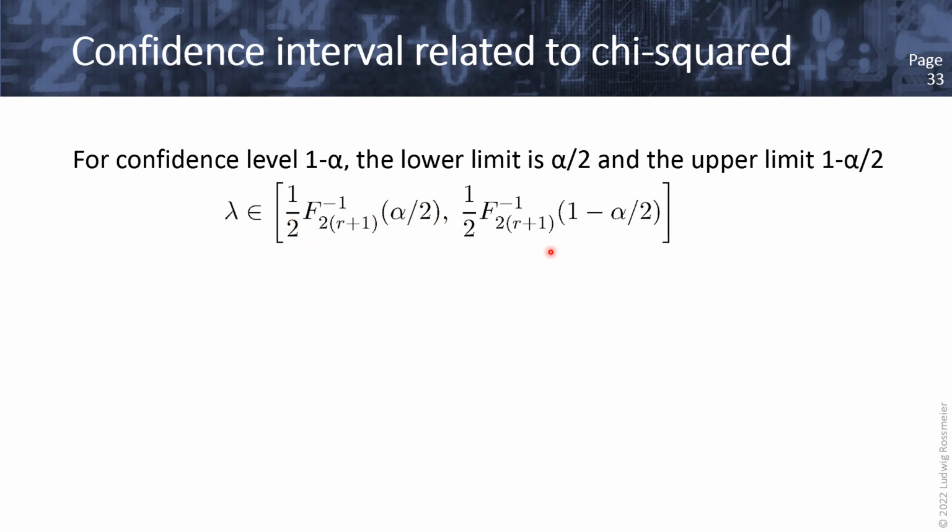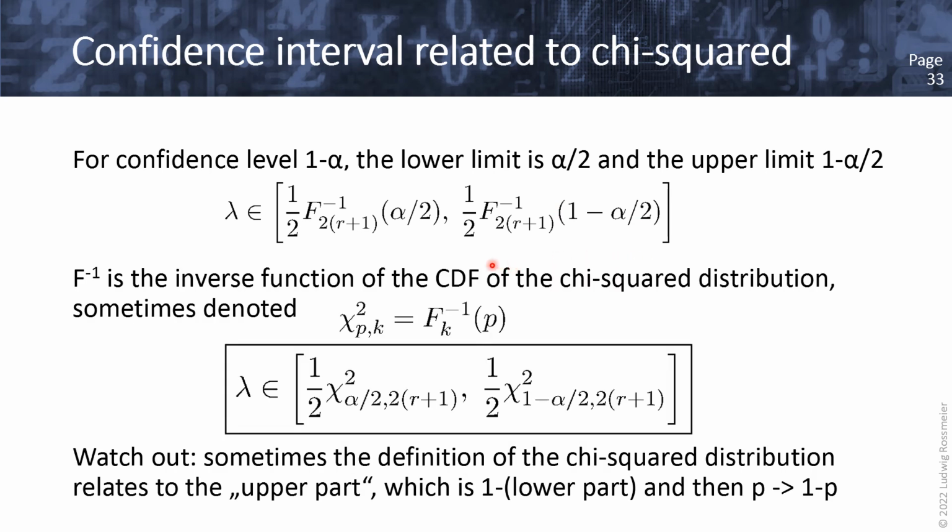And the upper limit, we use the same, but as a parameter 1 minus alpha half. Since F minus 1 is the inverse function of the CDF of the chi-squared distribution, it is sometimes denoted as chi-squared with a parameter p and k is this. So it's simply rewritten to a kind of usual notation.